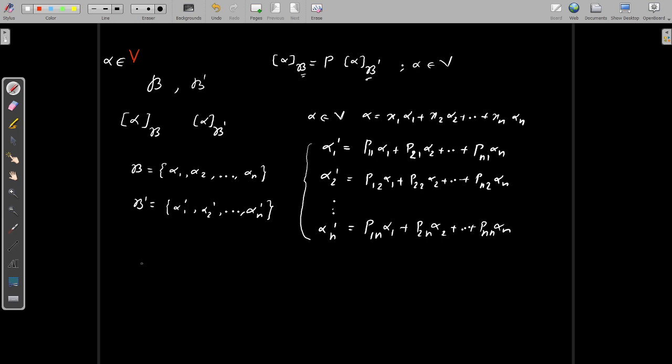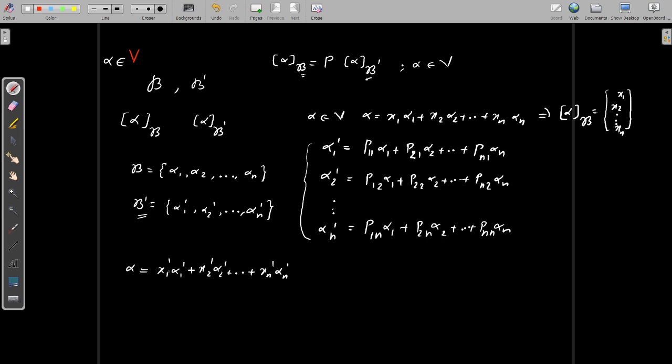Now we consider any alpha. Since this is also a basis, this alpha can be written as some x1 prime alpha 1 prime plus x2 prime alpha 2 prime etc. xn prime alpha n prime. From this you can say that the coordinates of alpha relative to the basis B is the column vector x1, x2, etc. xn.